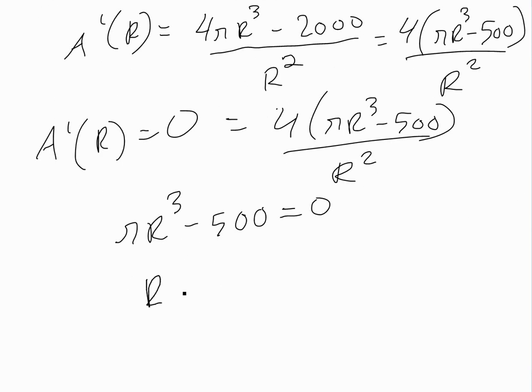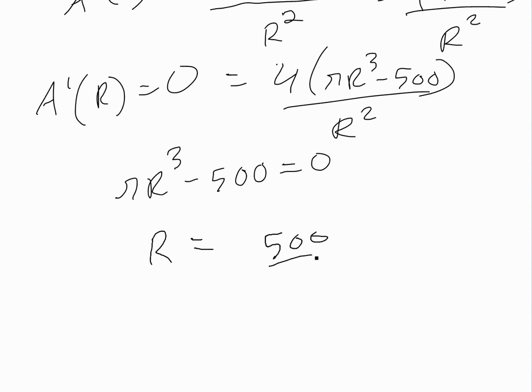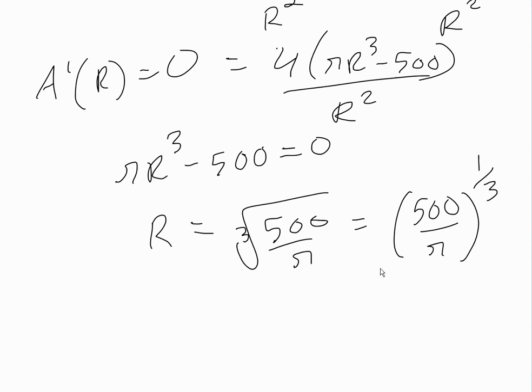Simplifying, r is equal to the cube root of 500 divided by pi, or 500 divided by pi to the power of 1 over 3. When you plug this into a calculator, this is roughly 5.42 centimeters.